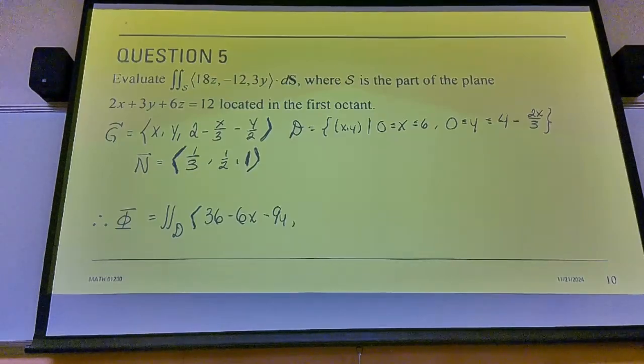All right, now the second component? Oh, this one's really hard. Minus 12. And finally, 3y. All those are nice. Dotted with N, dA.